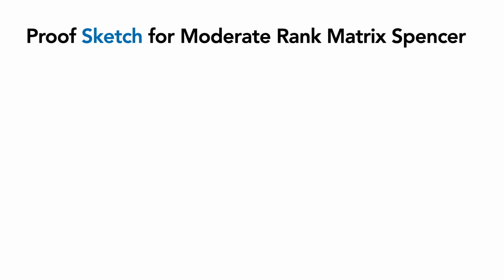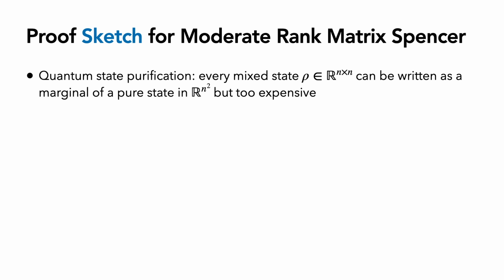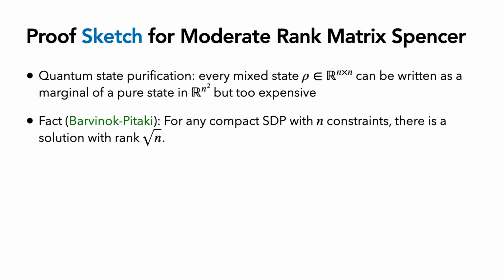We now briefly sketch our proof for the moderate rank Spencer conjecture. The key aspect is the notion of quantum state purification, which states that any mixed state, we can write it as a marginal of a pure state in n squared dimensions. We then use a result of Barvinok and Pataki that states for any compact SDP with n constraints, there is a solution with rank square root n.